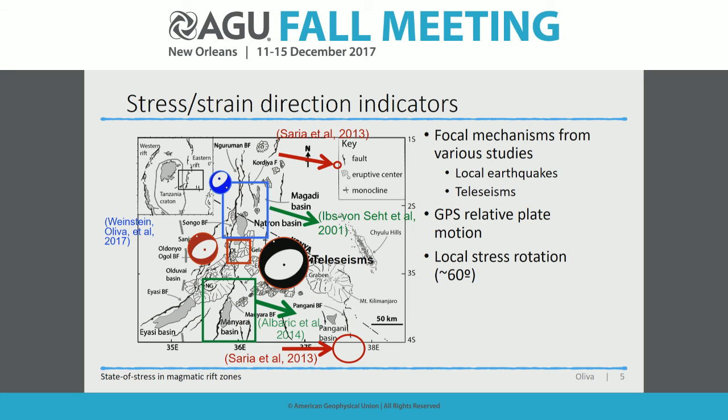So this is an image of a compilation of stress direction indicators in the region as published in our paper just this year, Weinstein et al. The beach balls are summed focal mechanisms. The black ones are from teleseismic earthquakes compiled for this small region since 1964 to 2007, up until the dike intrusion in 2007.